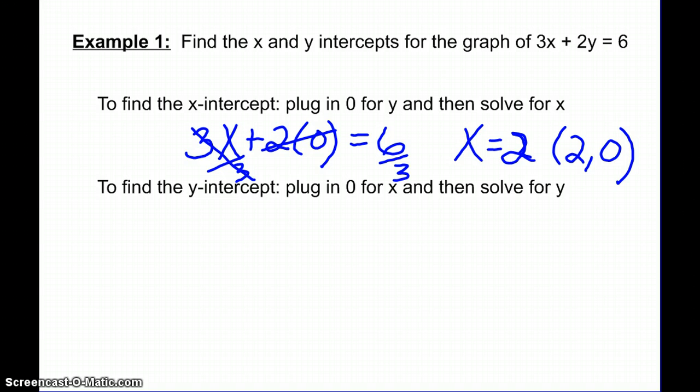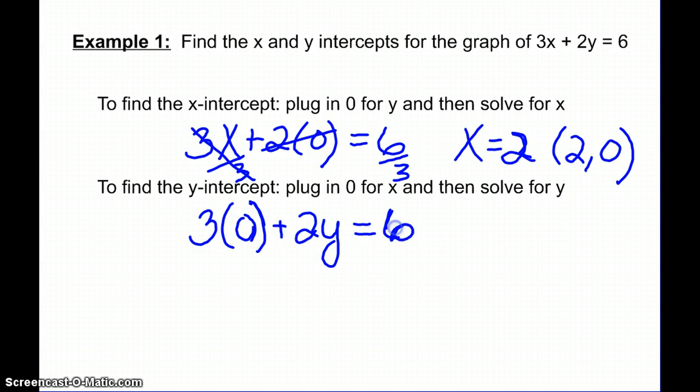And then to find the y-intercept, we take the same equation, but now we're going to plug in 0 for x, because the y-intercept is always the point where x is 0. So we plug in 0 for x, and then we solve the equation for y. So 3 times 0 is just 0. 2y equals 6, so we divide by 2 and find that y is 3.